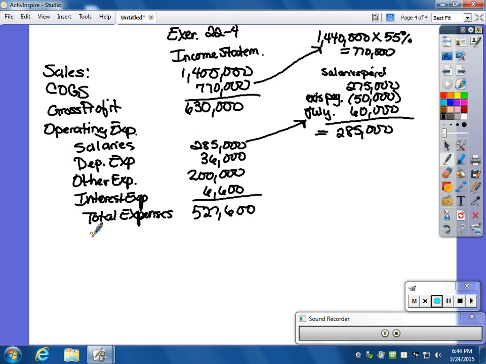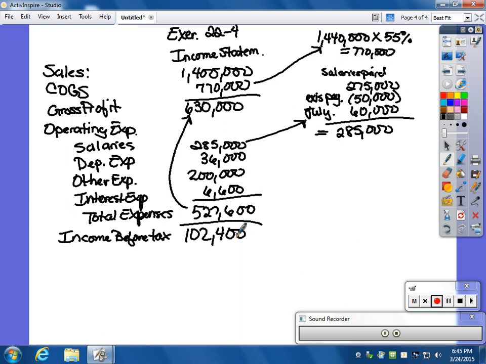Now, income before tax. This is why we didn't include the tax yet, right? So income before taxes is how much? You're going to subtract the 527,600 from the 630,000. $102,400. Okay.